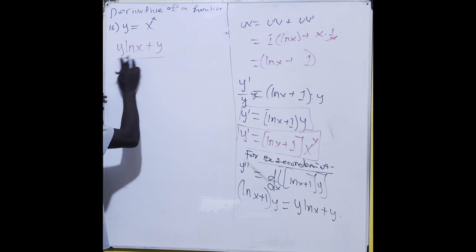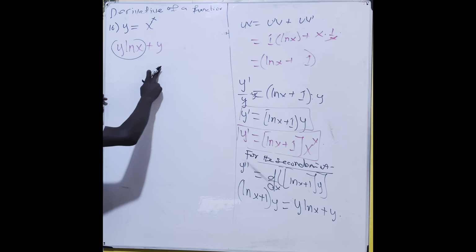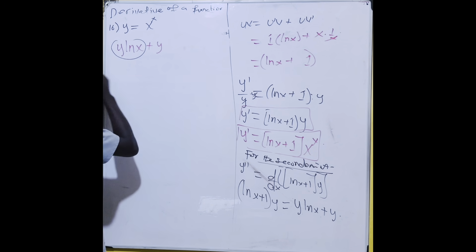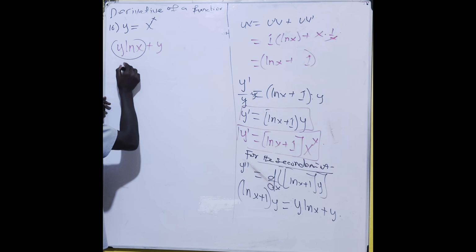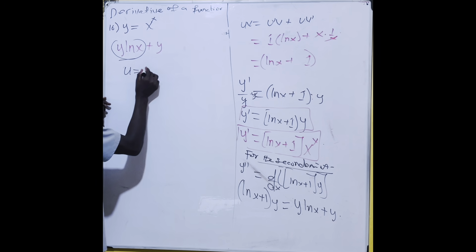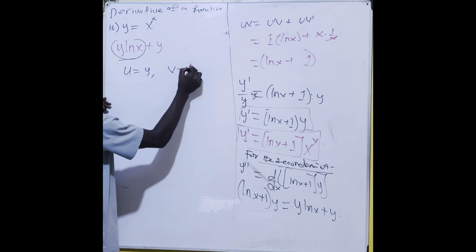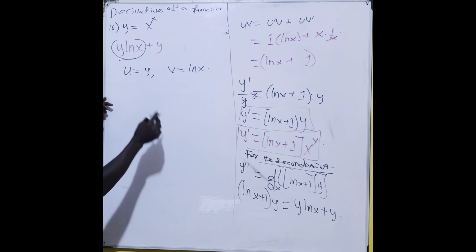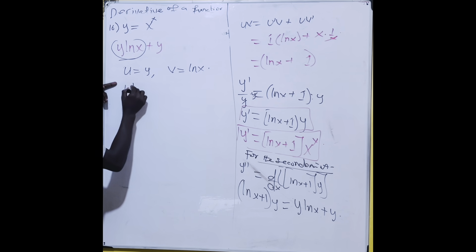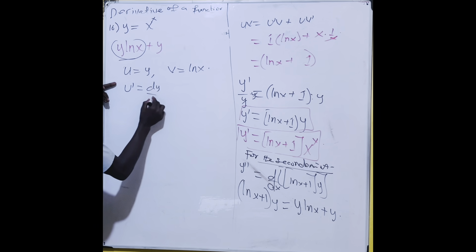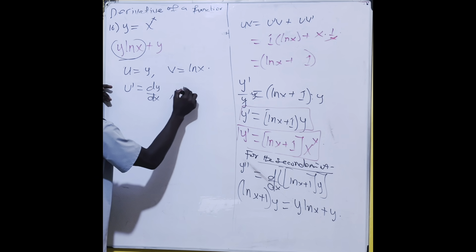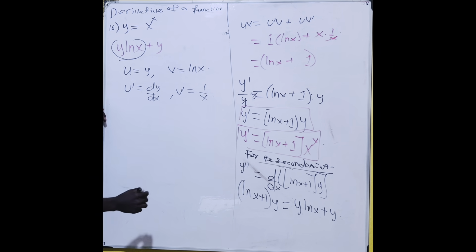So we apply the product rule on the first term. Then when we are done, we differentiate this. The derivative of y is dy dx, right? So we consider this. Our u is y and our v is ln x. So u prime will be dy dx and v prime will be 1 over x.